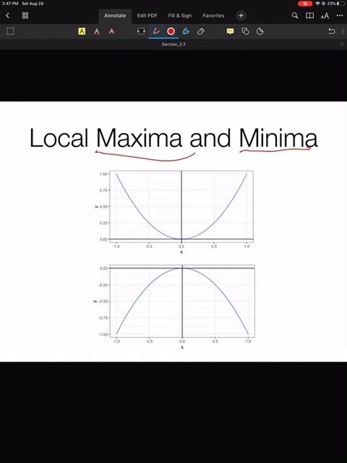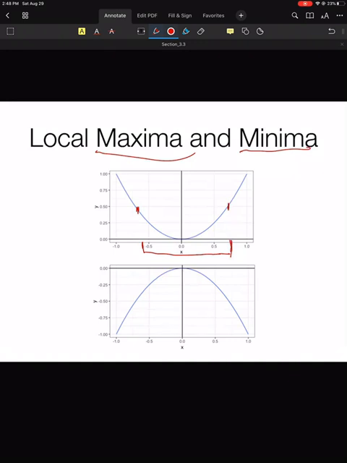If I look at this first graph on some open interval, maybe I want to start at about negative 0.6 and look over to 0.8, and I look at the range of values, the blue line in there.